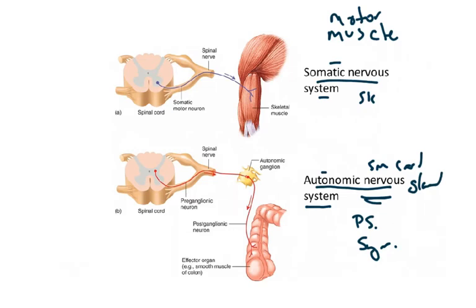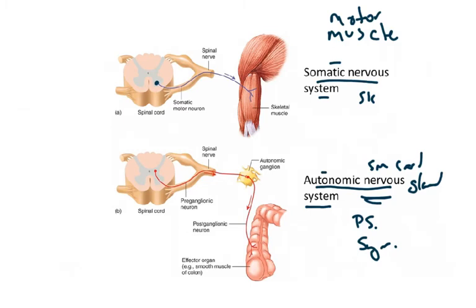And what we know so far about the somatic motor nervous system is that it begins with a motor neuron, which is in the spinal cord. This is our lower motor neuron. We looked at this in great detail previously. So the lower motor neuron cell body sits inside the spinal cord in the gray matter, which doesn't have the myelination. So there's that cell body sitting in the spinal cord.